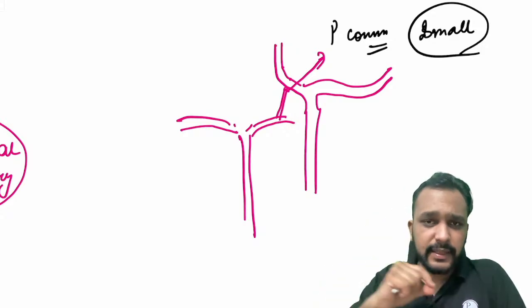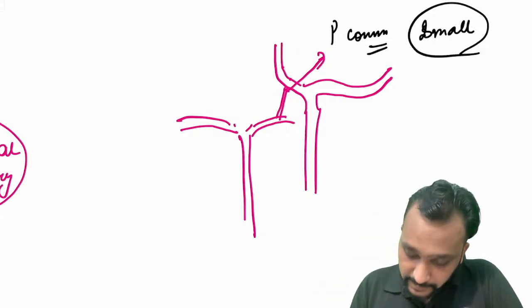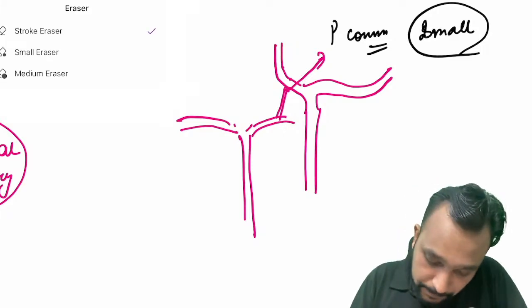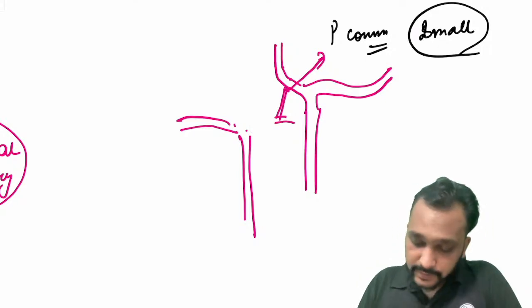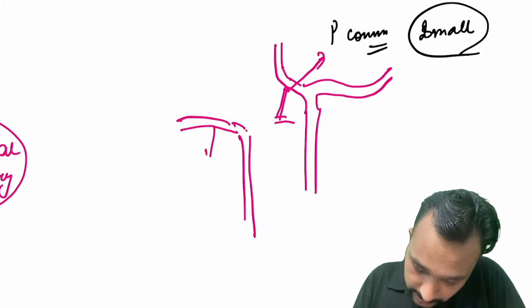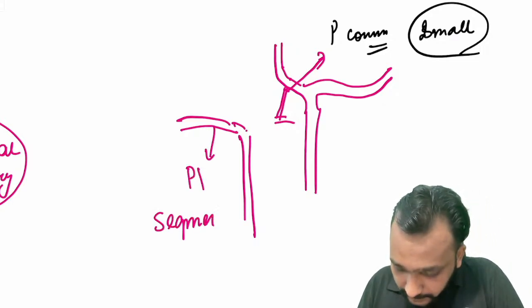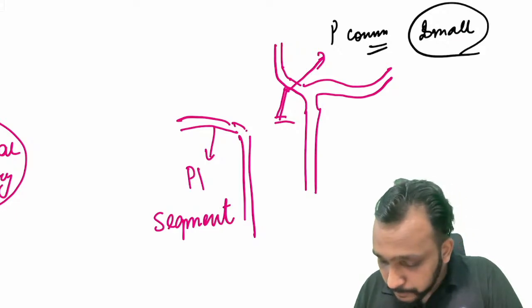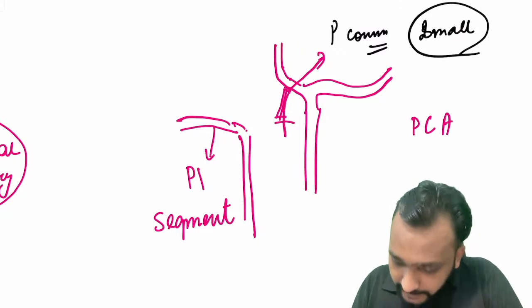Now what happens in our case? This P1 segment, the segment of the artery just before the PCOM, is absent. This P1 segment of the PCA was absent, and the posterior cerebral artery was supplied by the communicating artery.